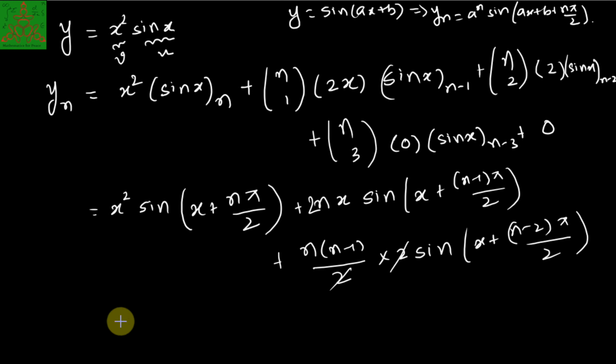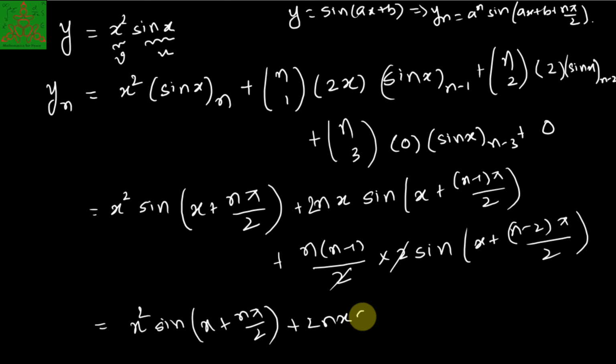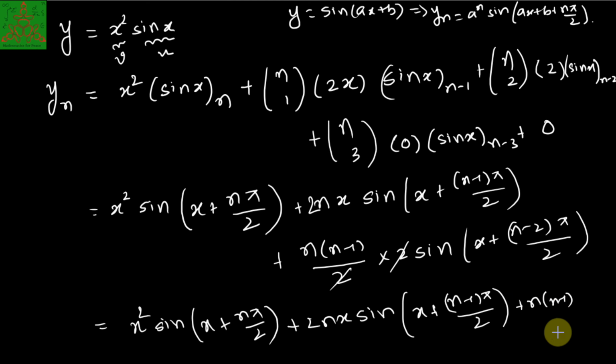So the final answer is x square sin(x plus n pi by 2) plus 2nx sin(x plus (n minus 1) pi by 2) plus n into n minus 1 sin(x plus (n minus 2) pi by 2).